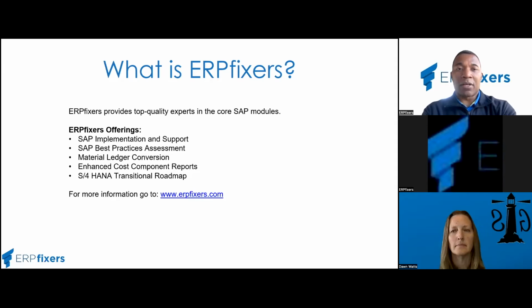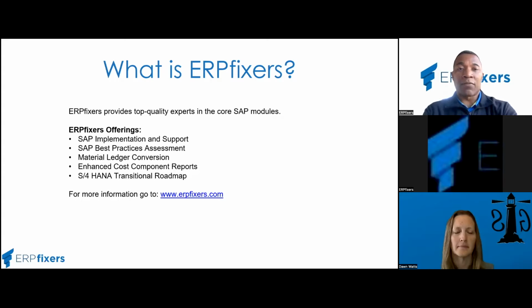We have several offerings. We do your typical soup to nuts SAP implementation. We do support. We help with aligning best practice SAP content and processes to what the business wants or hopes to get to. We are specialists in converting customers that don't use material ledger or actual costing to material ledger, actual costing, and parallel valuation.